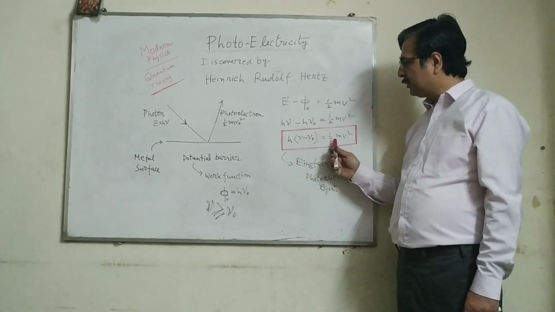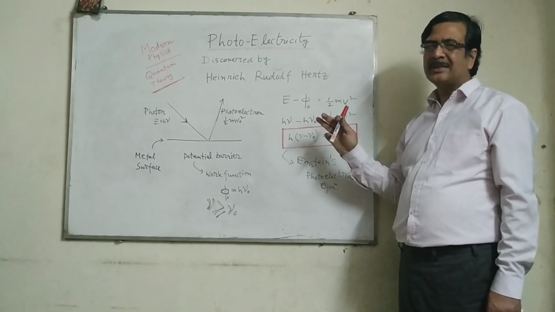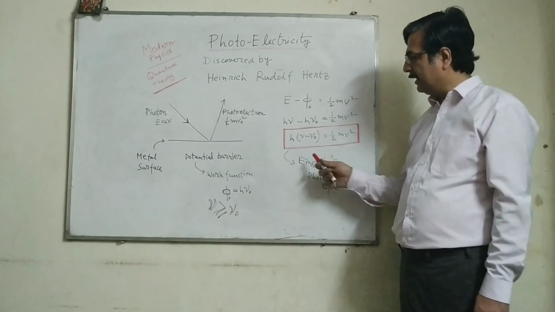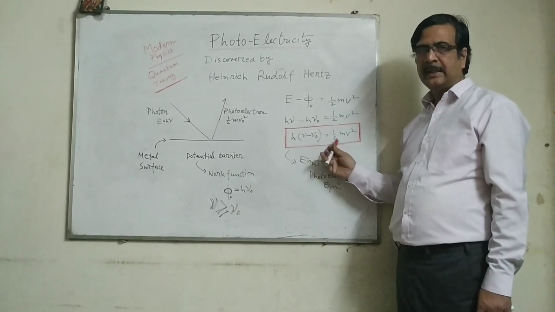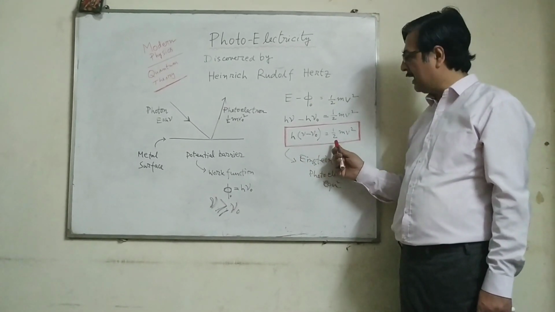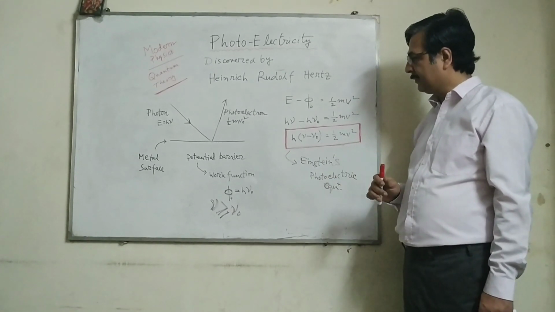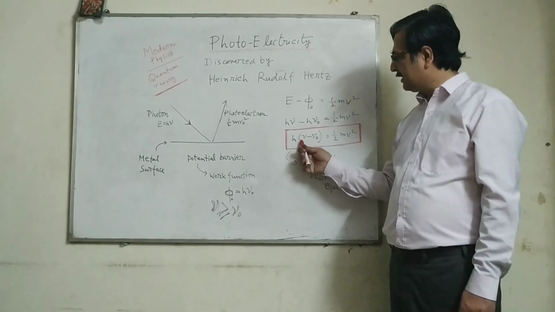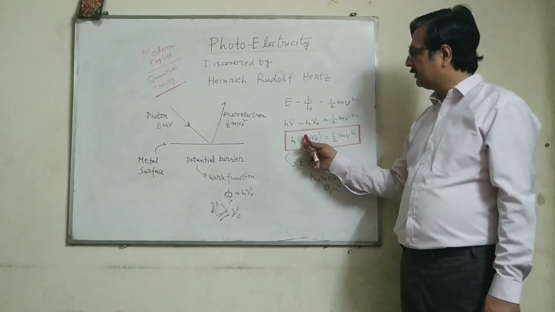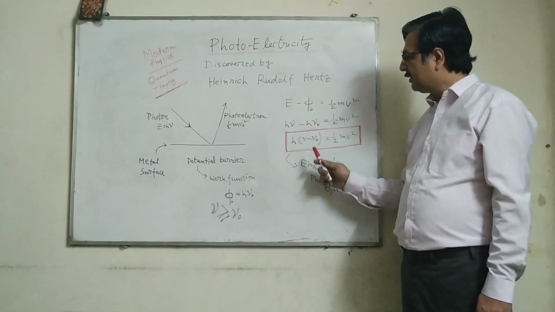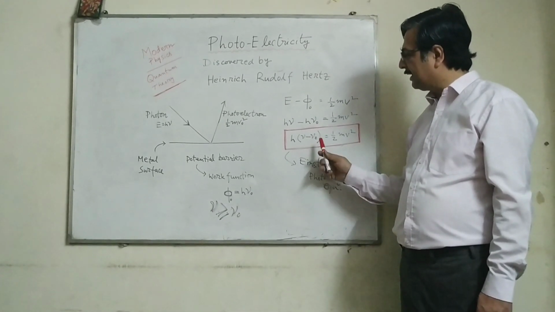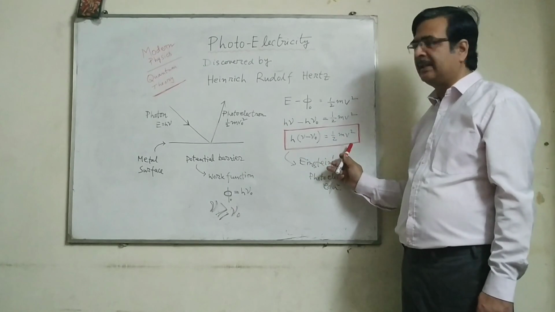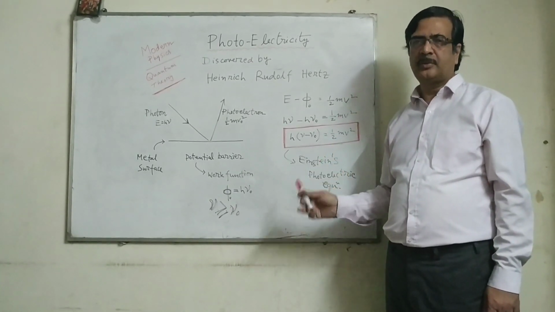If it is equal, the electrons will just float and will not have any kinetic energy. But if nu is greater than nu naught, the electrons will have kinetic energy. So photoelectricity is an instantaneous phenomenon, and the incident frequency should be greater than or equal to the threshold frequency. Then only photoemission is possible.